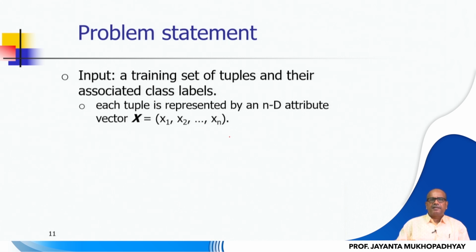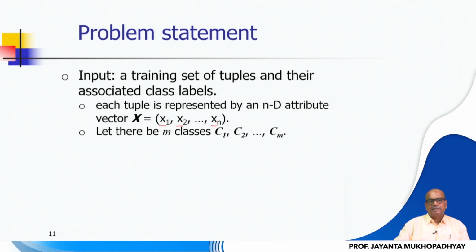So let me once again state the problem statement in a more mathematical form. Suppose your input is a training sample set of tuples and their associated class labels. Each tuple is an n-dimensional vector, which we call an attribute vector. Each position variable in that vector is called an attribute.